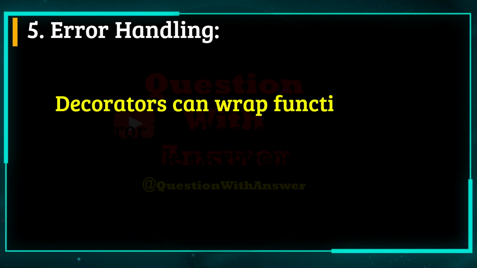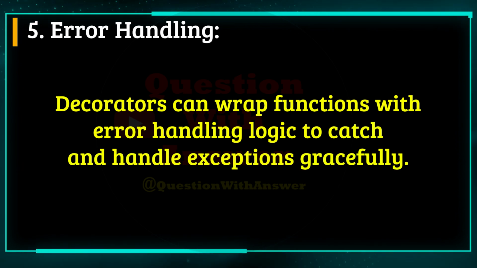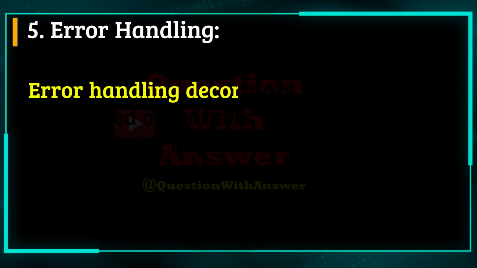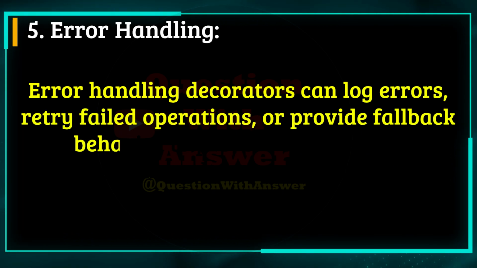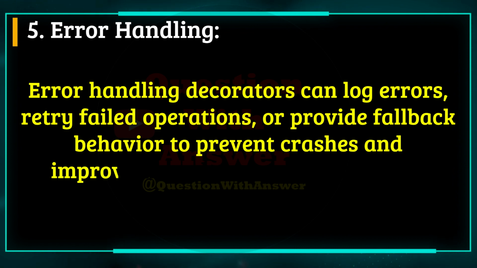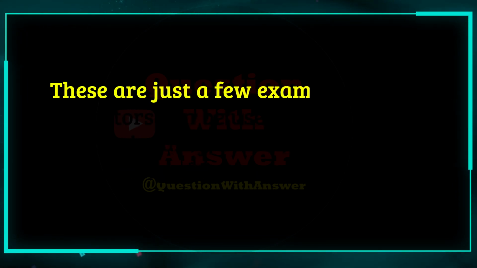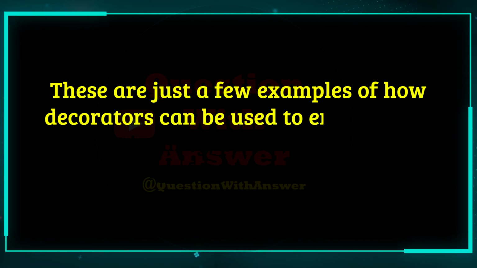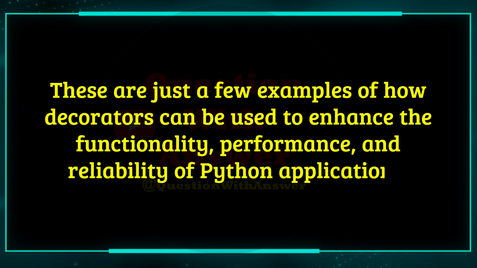Decorators can wrap functions with error handling logic to catch and handle exceptions gracefully. Error handling decorators can log errors, retry failed operations, or provide fallback behavior to prevent crashes and improve the robustness of your code. These are just a few examples of how decorators can be used to enhance the functionality, performance, and reliability of Python applications.